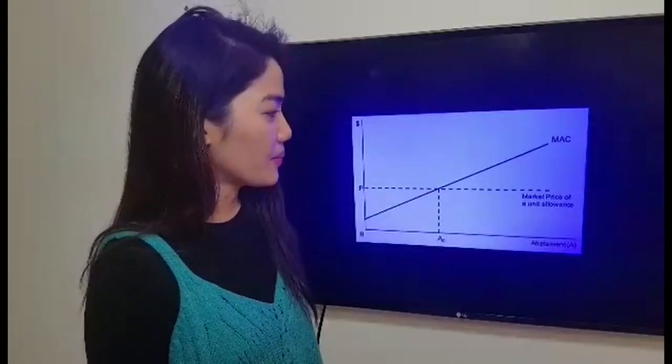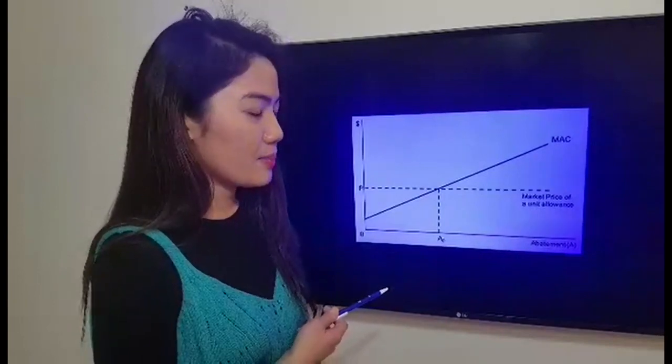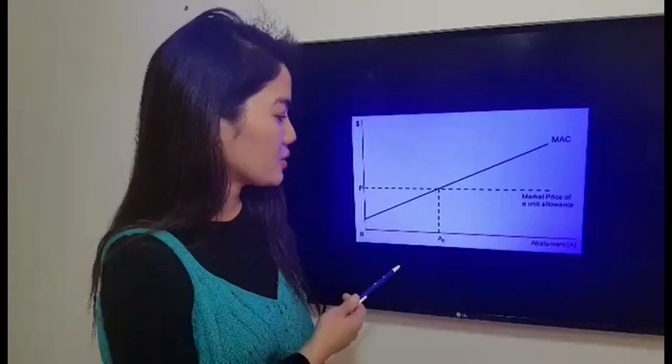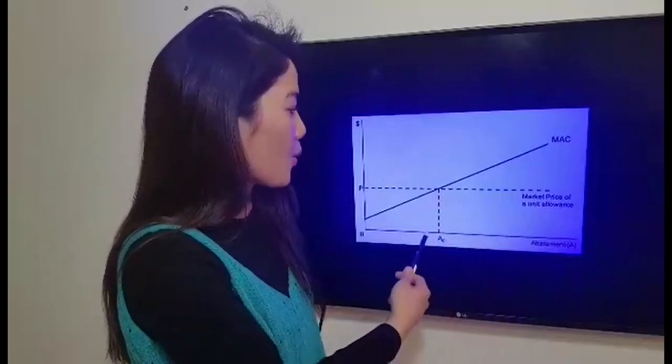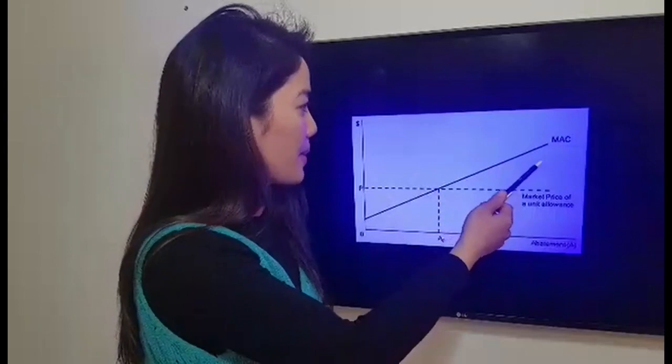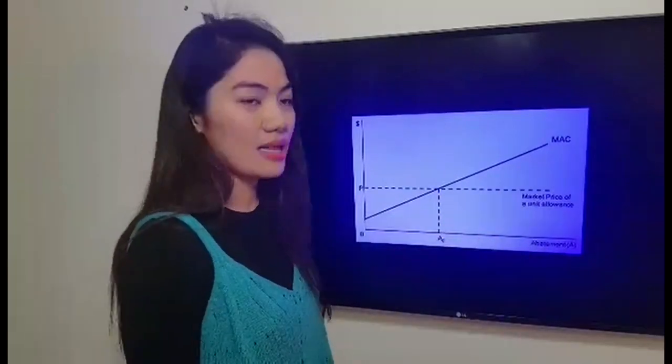So as we can see in this graph, the polluters are willing to abate A0 amount of abatement, where the marginal abatement cost equals the market price of a unit allowance.